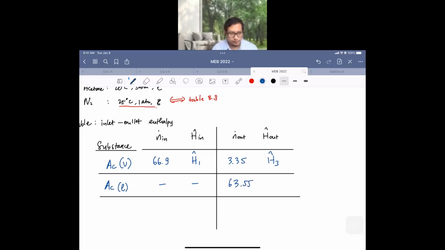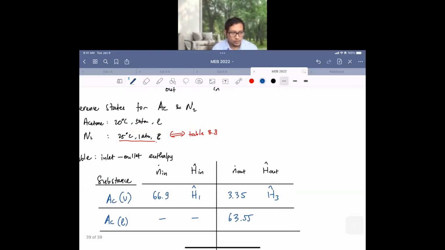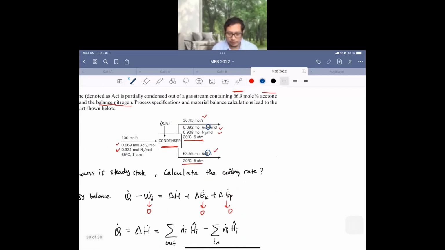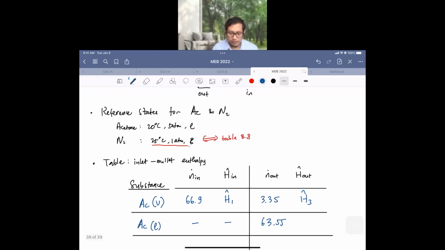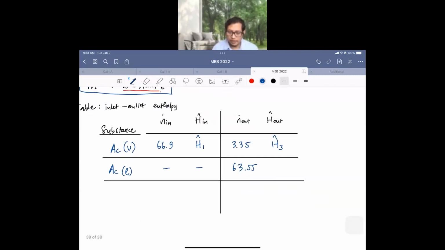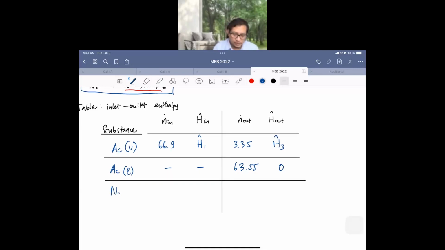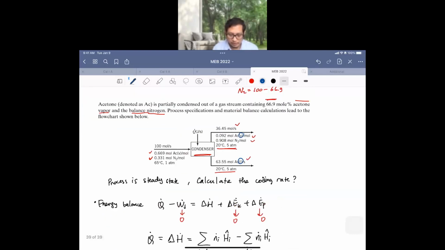And since this is the one that we are going to use as a reference state, we choose the reference state for the acetone at this, right? So at this moment, we will have the enthalpy as 0, because it's our reference state. And the nitrogen, we have 33.1, that's from the picture given.